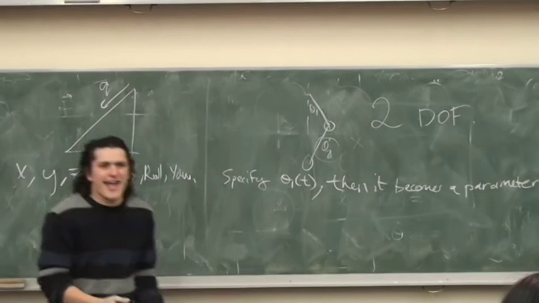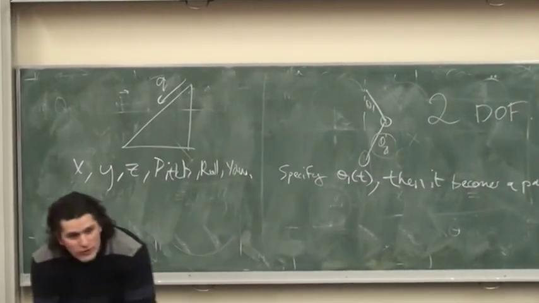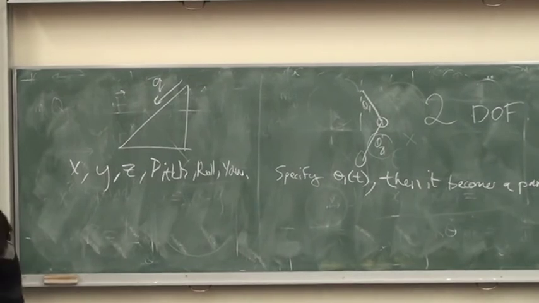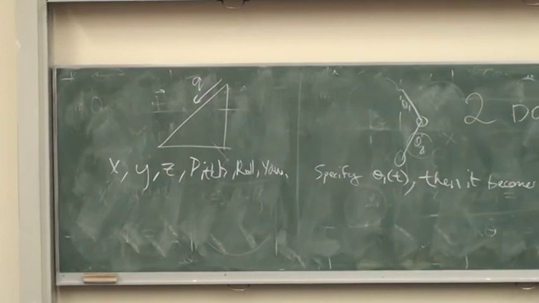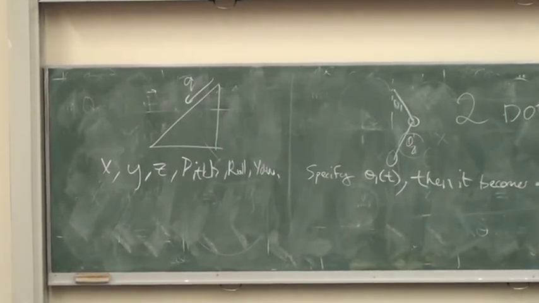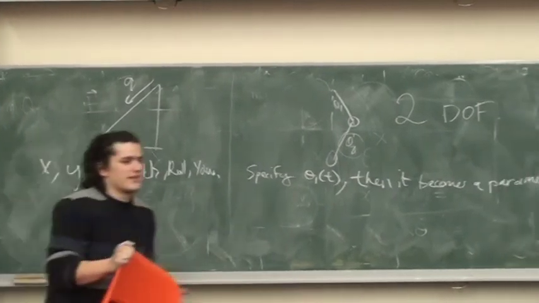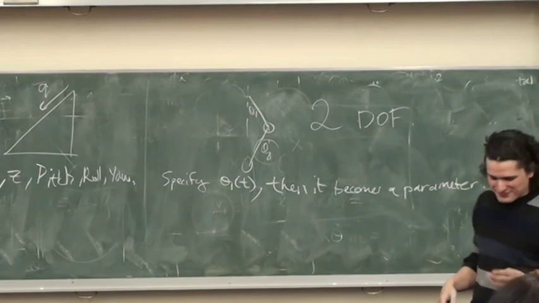If the rigid body is lying on the ground and I'm rolling it, you can see why the roll angle is called roll. And if it's lying on the ground, and I pitch it upwards, you can see why a pitch angle is called pitch. And I don't know why the Euler angle is called Euler.